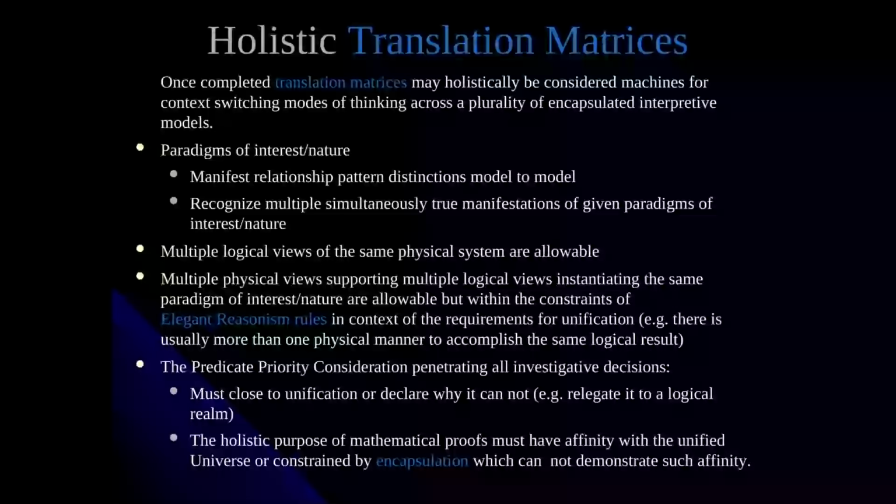And you also have to know that multiple logical views of the same physical system are allowable. You can even have multiple physical views of the same logical view. There may be more than one way to do something. As an example, if the something that you're trying to do is a logical view, there are multiple ways to get it done.